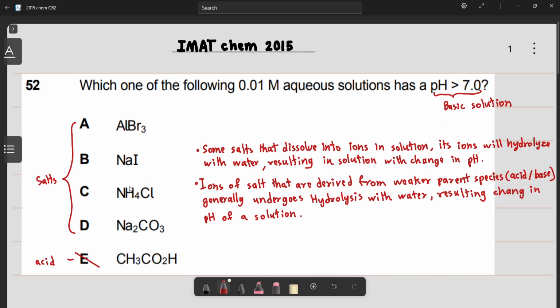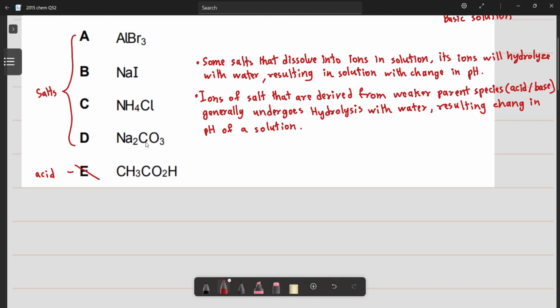So now we can go through each of these options, but before that, there are actually two methods of solving this question. The first method is determining the parent acid and base of the salt.